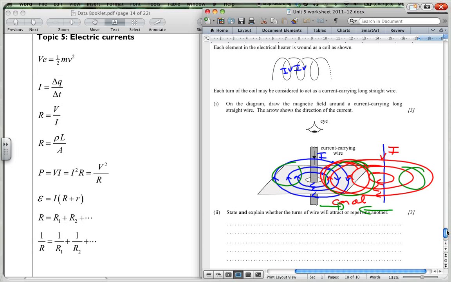So they will actually attract each other because the magnetic field lines between the conductors will cancel out, and therefore the magnetic field will cause the wires to press into each other. Using a diagram and explaining by means of a diagram would be great.